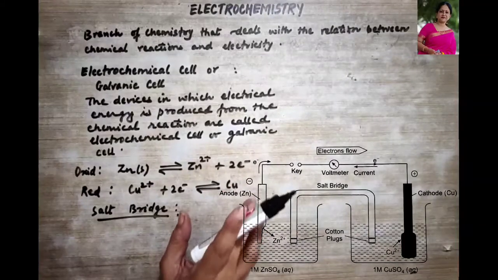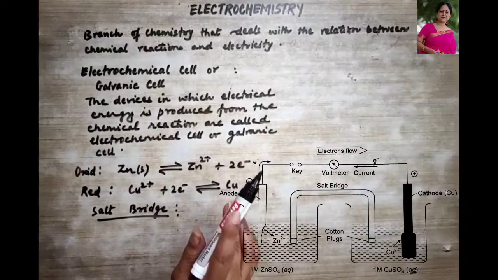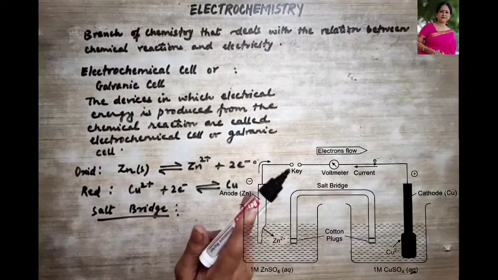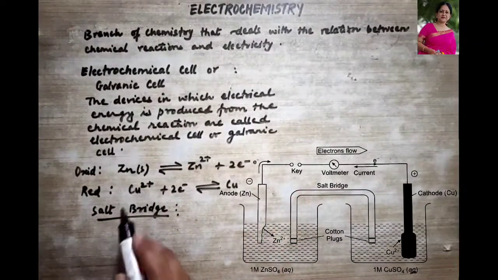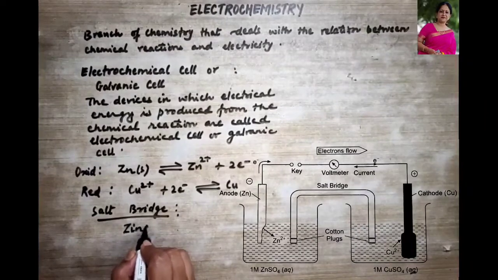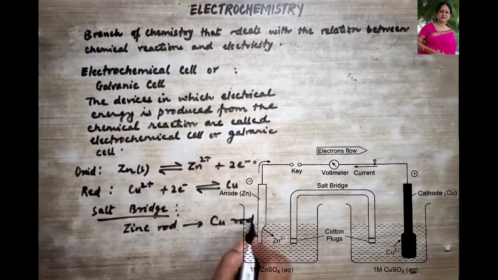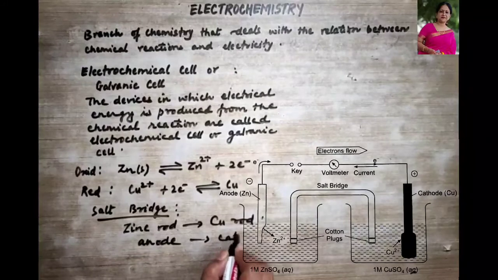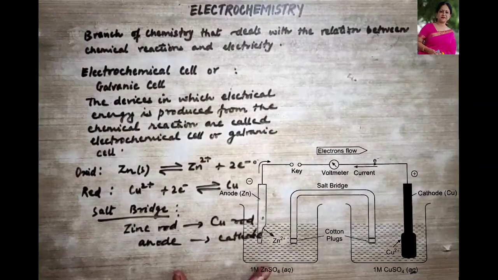So there is a flow of electrons in the external circuit from anode to cathode, that is from the zinc rod to the copper rod. Is this clear? I hope this point is very clear.